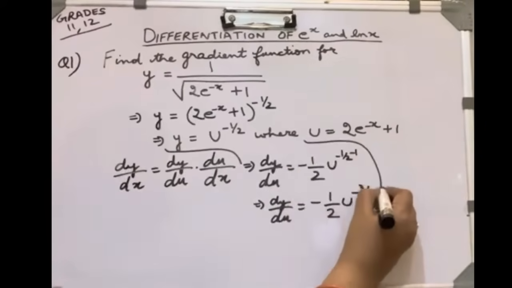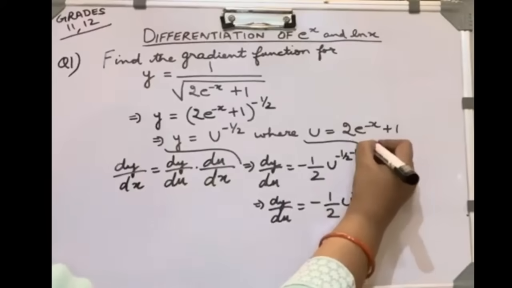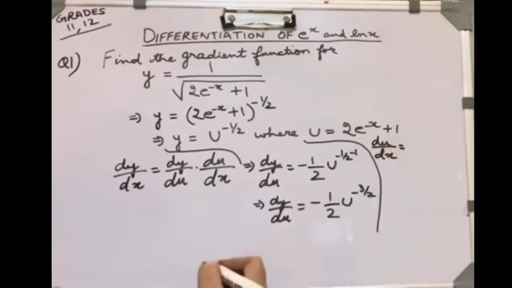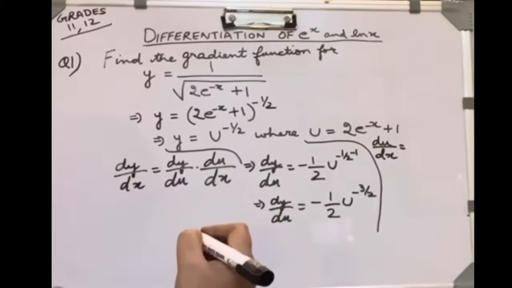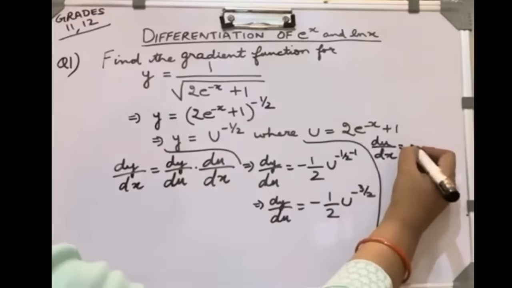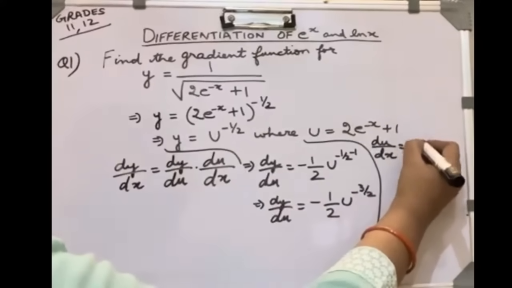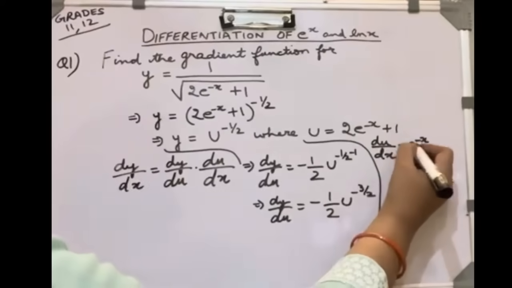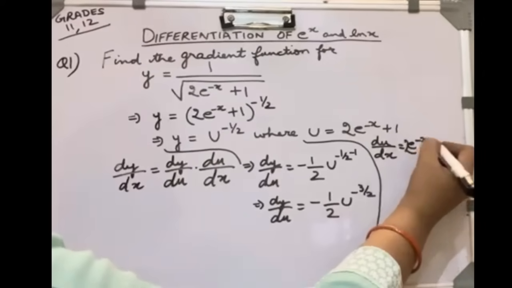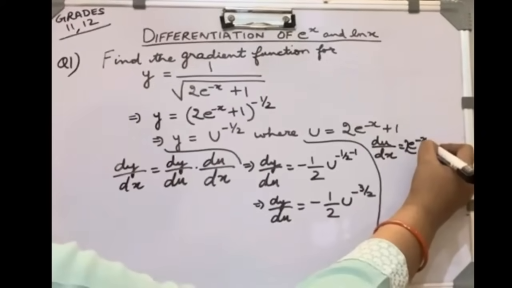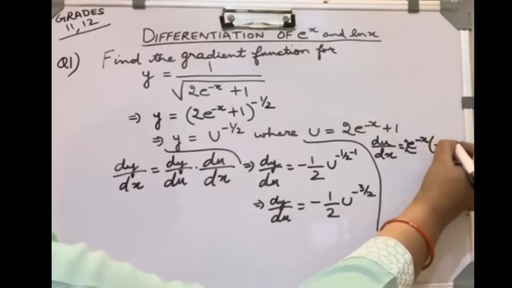And from here, du by dx is equal to, now we'll use the chain rule, so e to the power minus x multiplied by 2, this is unchanged, 2e to the power minus x, and multiplied by minus 1.